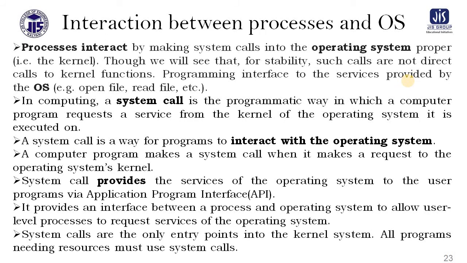Now just go through the number 1 point. Processes interact by making system calls into the operating system. Though we will see that for stability, such calls are not directly calls to kernel functions, but a programming interface to the services provided by the operating system.